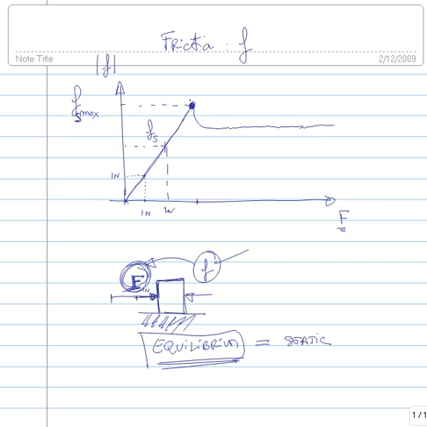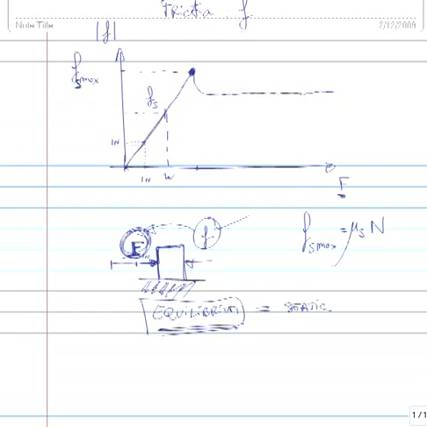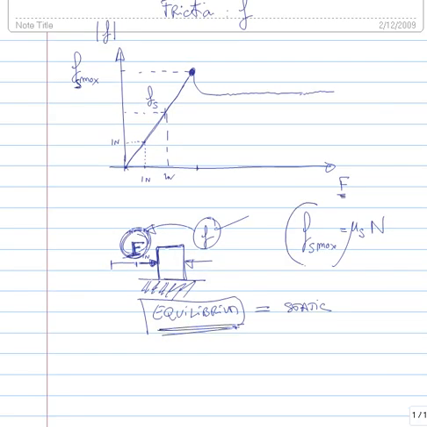Let's figure out the magnitude of that maximum static frictional force. It is defined as follows: mu s n. This is the maximum value that my static frictional force can take.